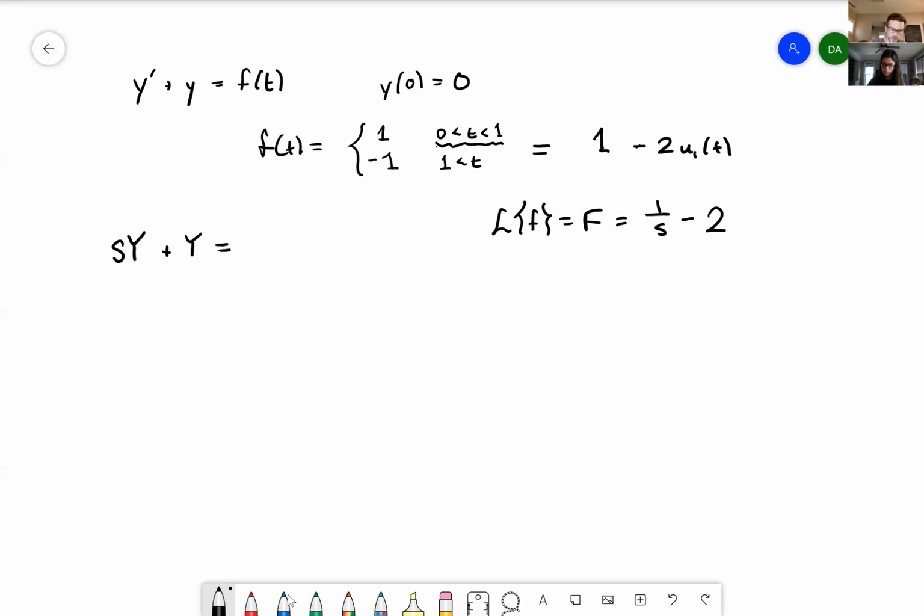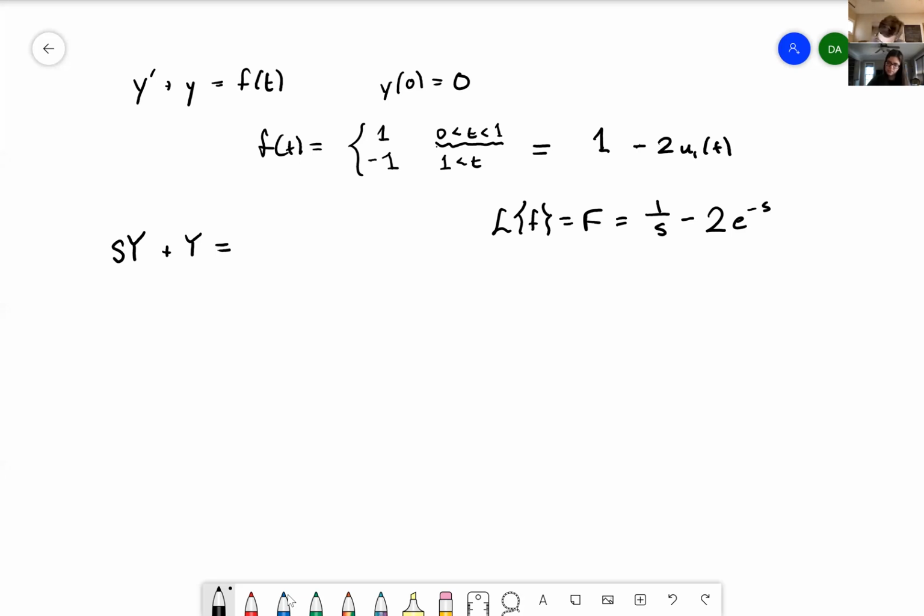No harm in doing this. Make sure I don't mess it up. But I think we should have just e to the minus s. Yeah. Right. So that's s, not a 2.